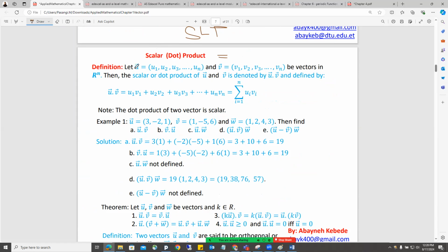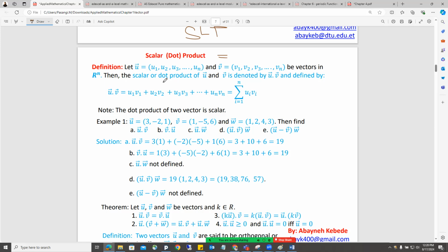So the definition: let vector u, defined with n number of spaces, and vector v also in n number of spaces, be two vectors in R to the power of n, as I told you earlier.